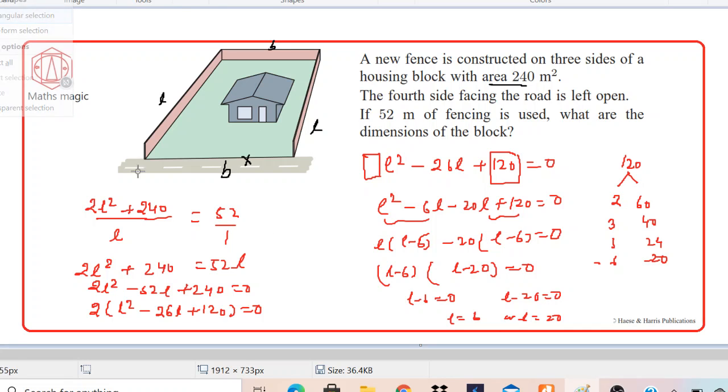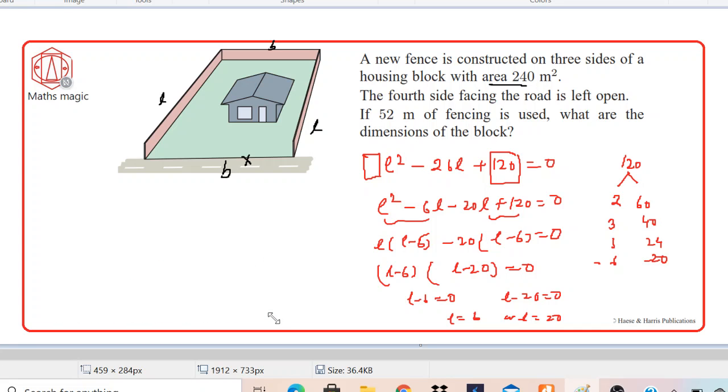Let me clear this part so that I can find the rest of the answer. If you have L as 6, then your B is going to be, you remember our B was 240 upon L, right? So if your L is 6, then B is going to be 240 upon 6, which is 40.